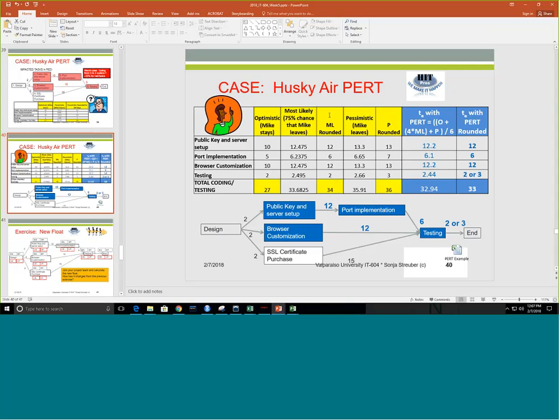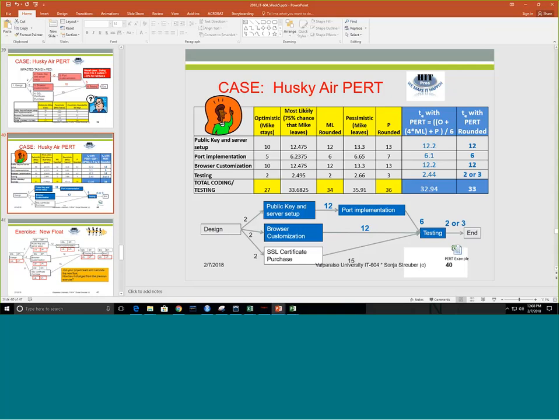Then here we calculate our most likely. Our most likely is we've estimated that maybe there is a chance that we can persuade Mike to stay. Maybe if we pay more money, or if we're nicer to him, or if he gets a promotion, that kind of thing, or a better office, right?